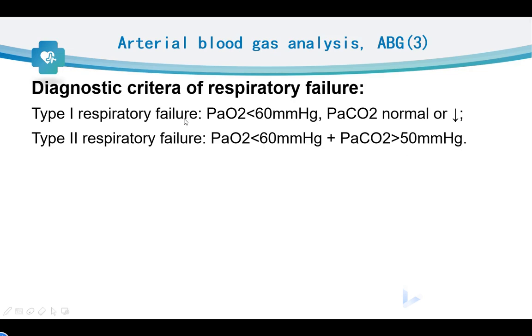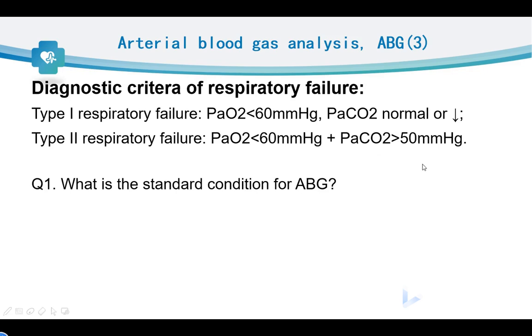The differences between the type 1 and type 2 respiratory failure is about the level of the partial pressure of the carbon dioxide. And now, please think about this question. What's the standard condition for ABG?